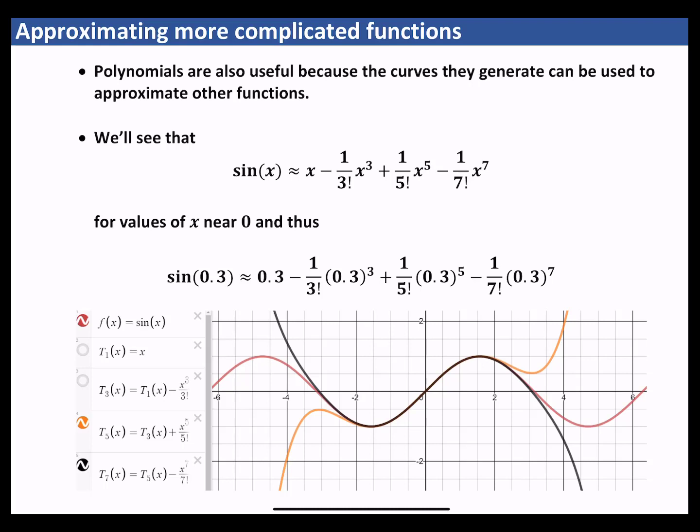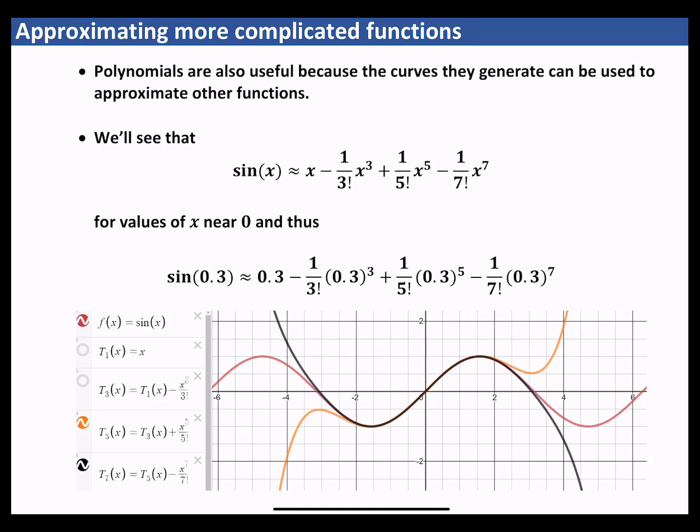We'll see that the sine of x can be approximated by the polynomial x minus 1 divided by 3 factorial times x cubed plus 1 divided by 5 factorial times x to the 5th minus 1 divided by 7 factorial x to the 7th for values of x near 0.